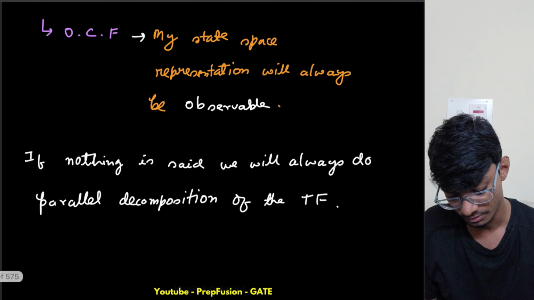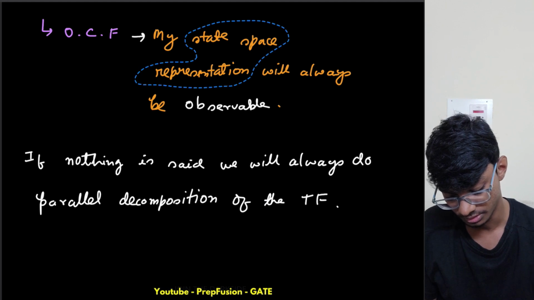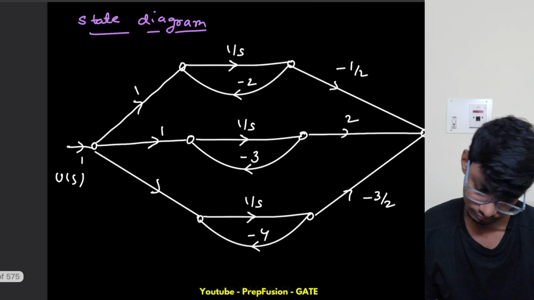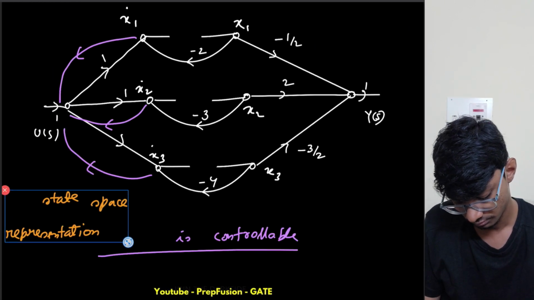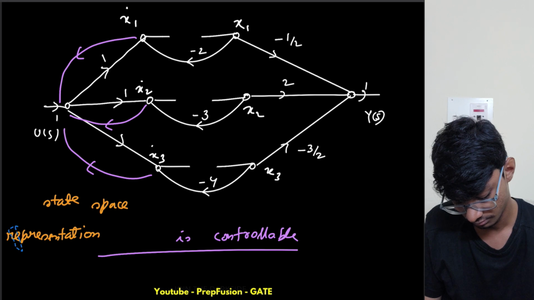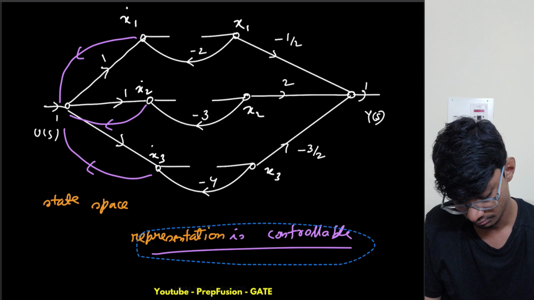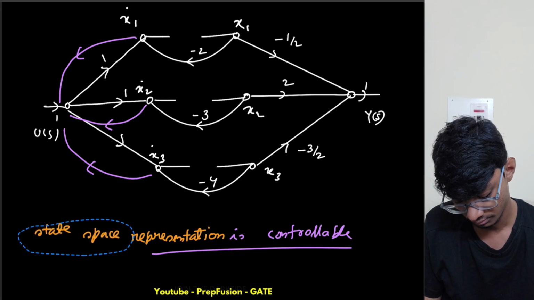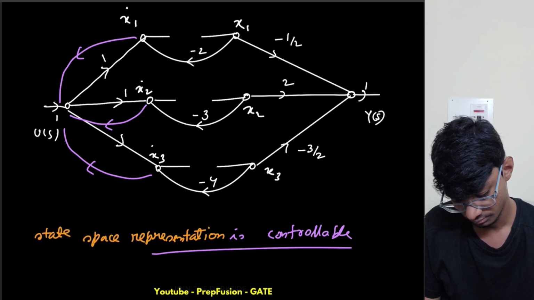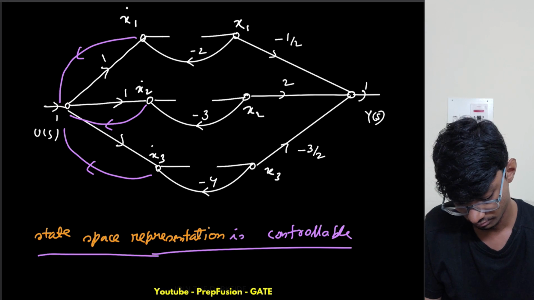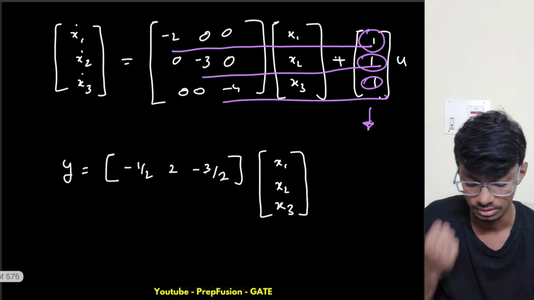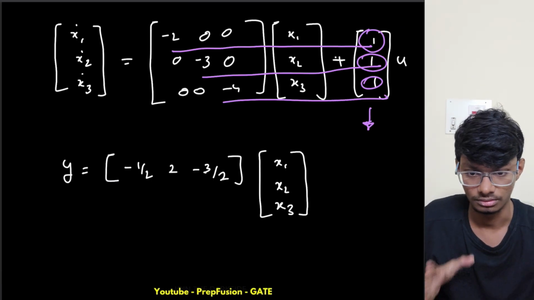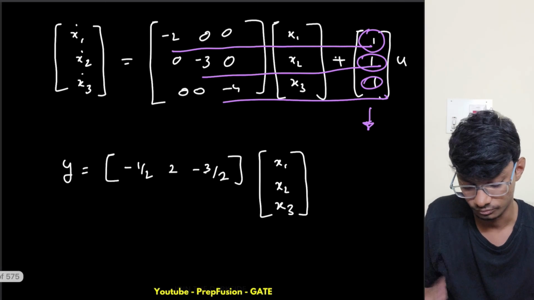It's difficult to copy this one, but I will still try. State space representation is controllable, right? So yeah, this is basically for this question.